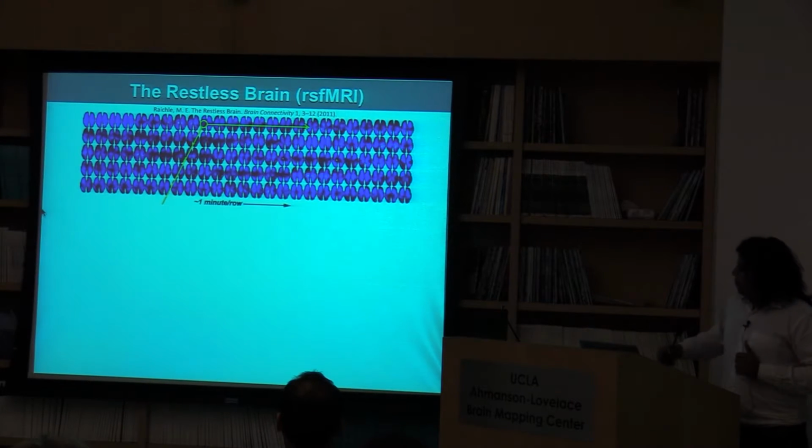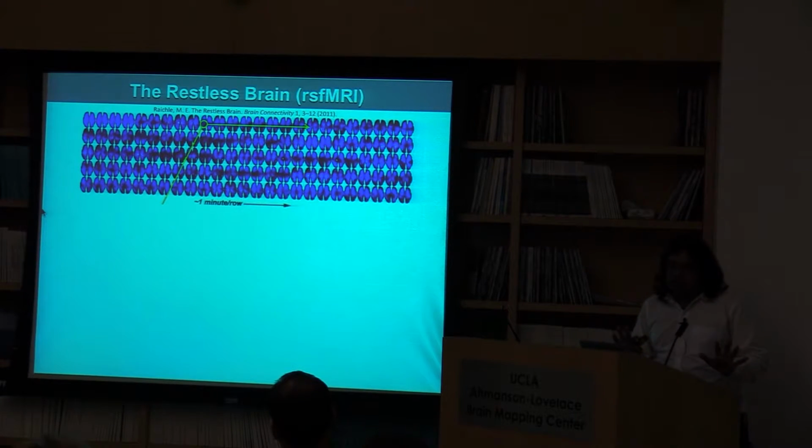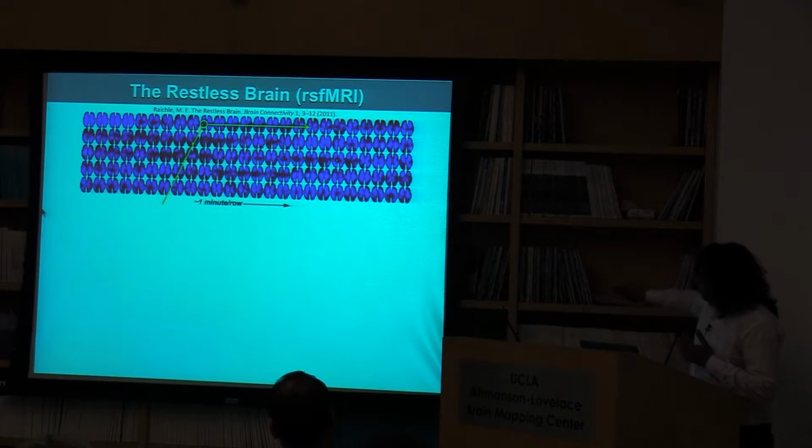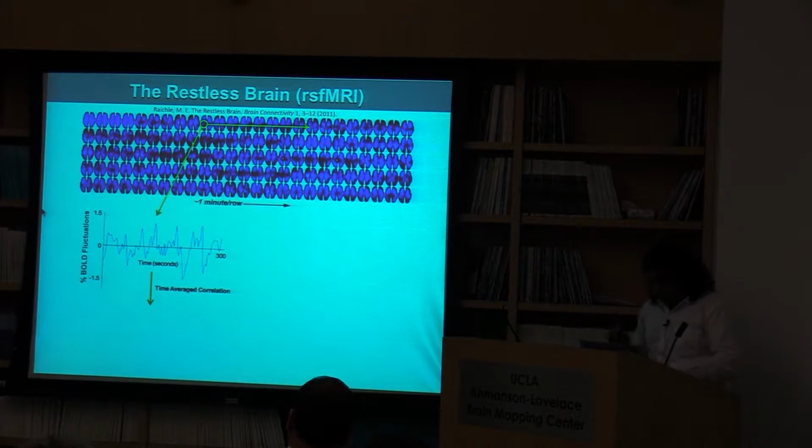On the top, you see a set of 125 images acquired at rest without any explicit task condition in a 5-minute fMRI measurement. Now, we can take one voxel of a selected cortical area and extract its time course. And we can use this time course to perform a temporal correlation with all other voxels in the brain.